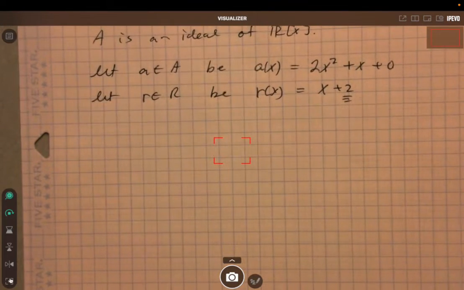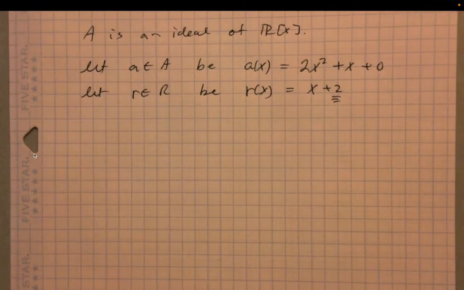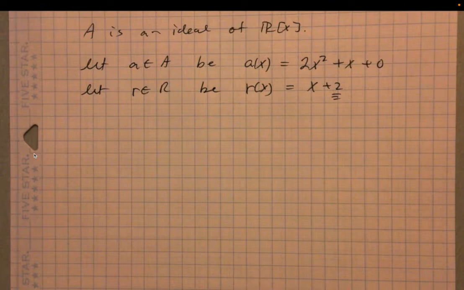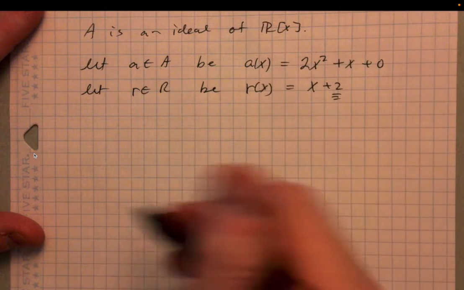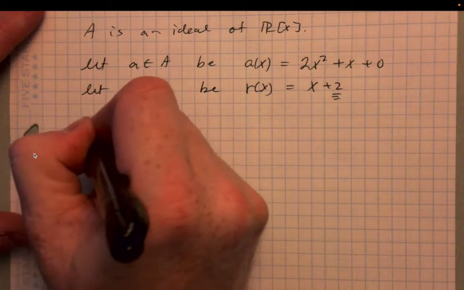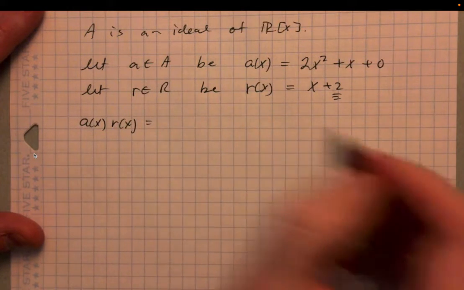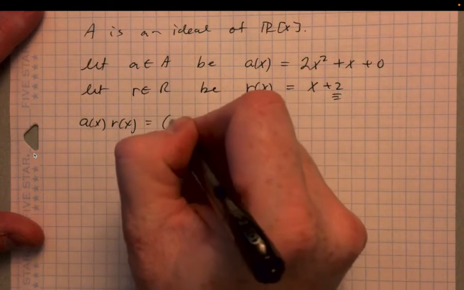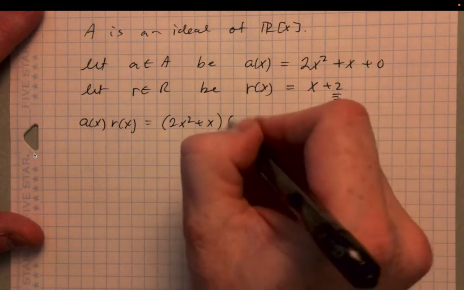If subset A is an ideal of this ring of polynomials, then it needs to absorb this particular example of R. Let's see what happens. I can start with multiplication. Let's do that piece first. A of x times R of x is 2x squared plus x, and I'm not going to write plus 0 because it's not important.